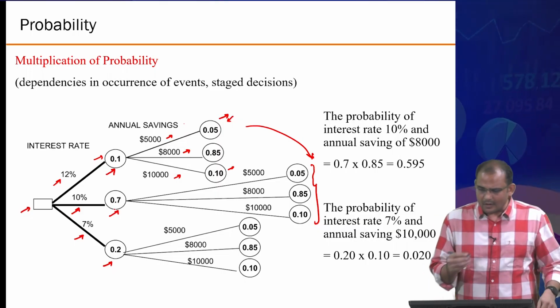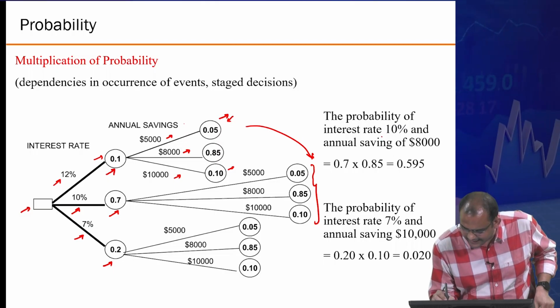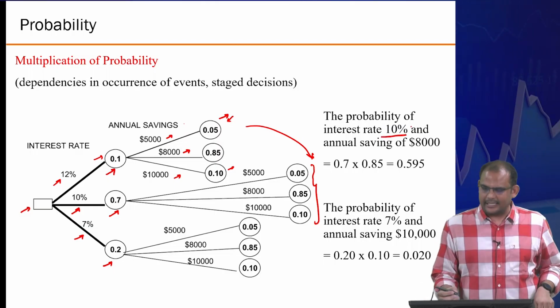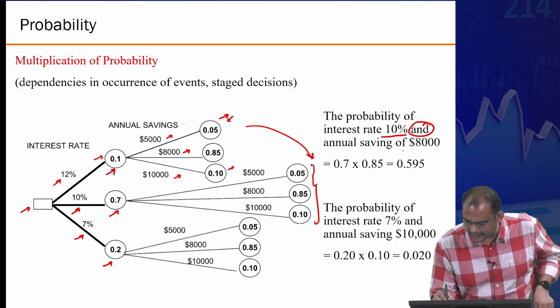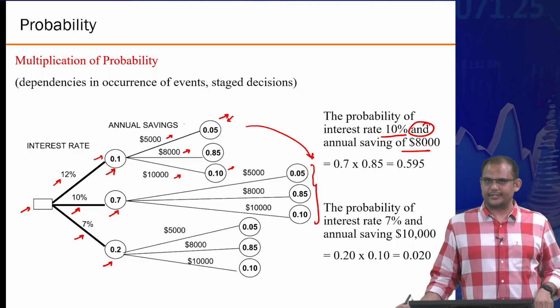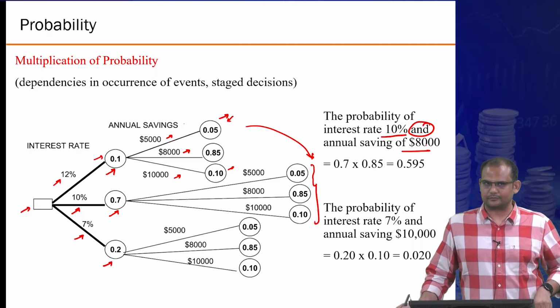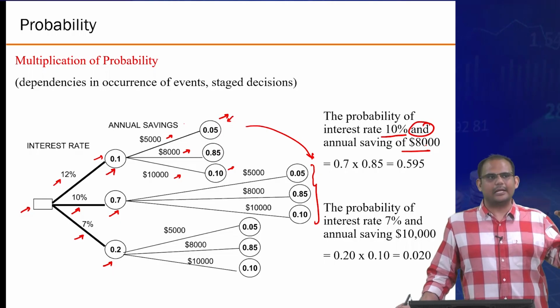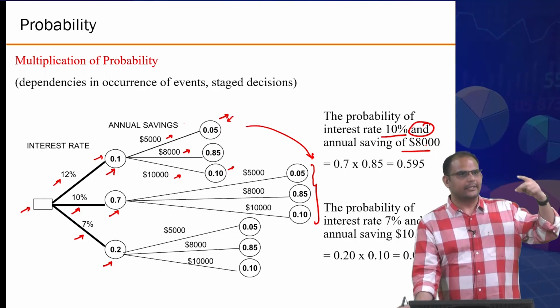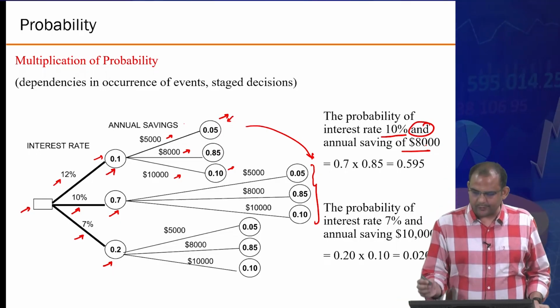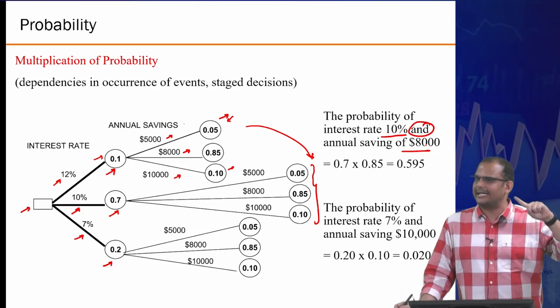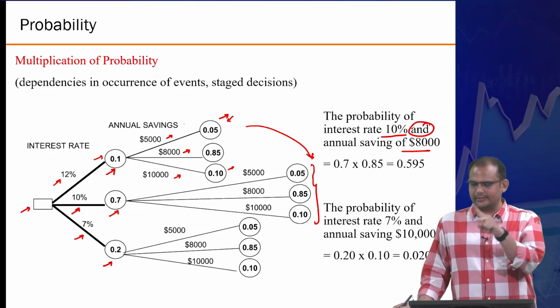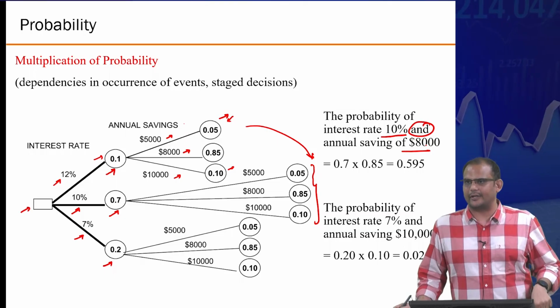Now, what is the probability that your interest rate is 10% and your annual savings are $8,000? I'm making two statements in parallel. I'm combining them. I am asking what is the probability that interest rates are 10% and annual saving is $8,000.